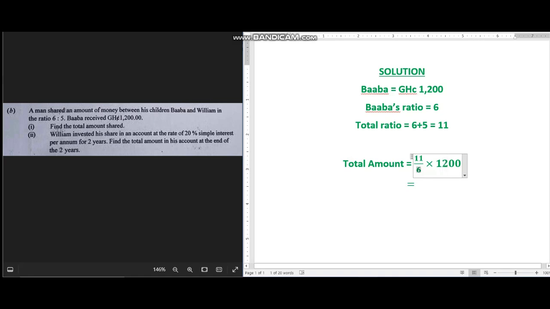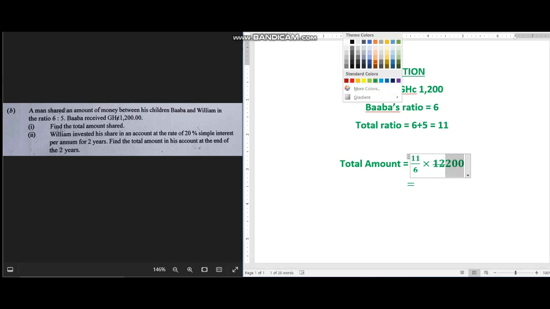So 6 will cancel the 12 two times, which means you are going to be left with 2 and the other 2 zeros, giving us 200.